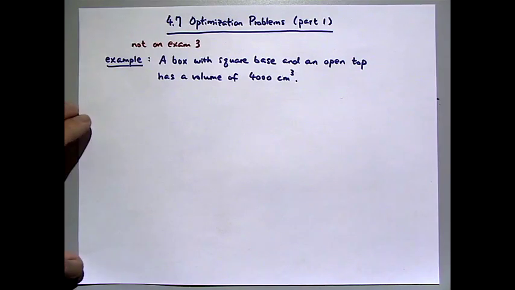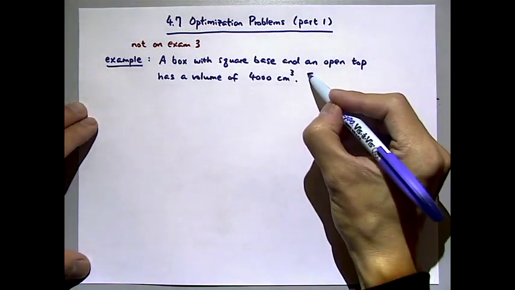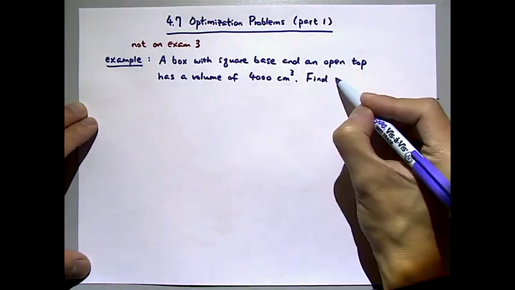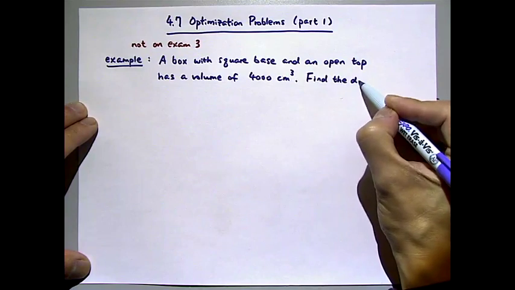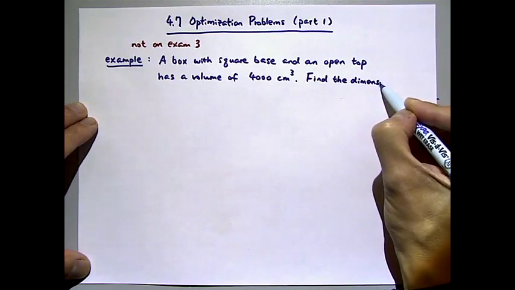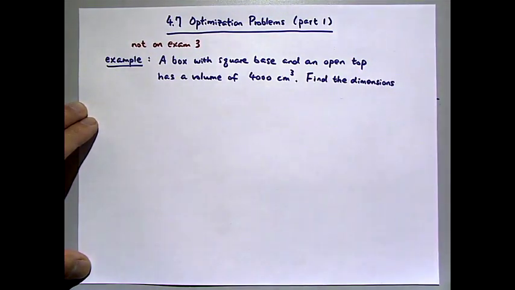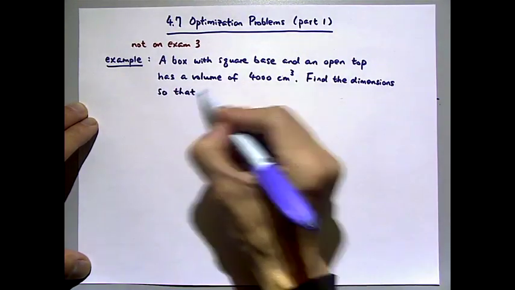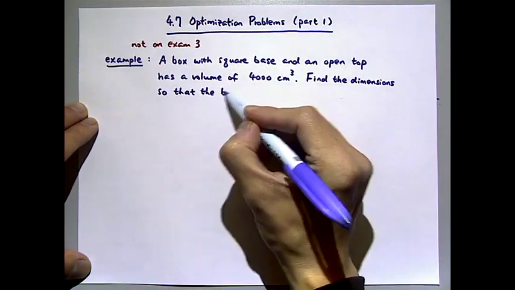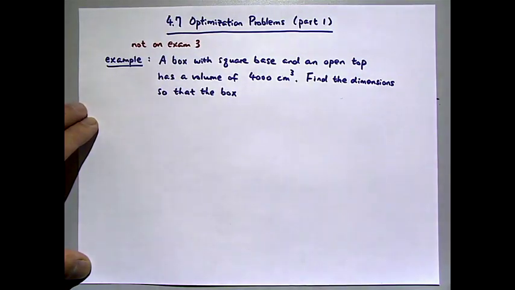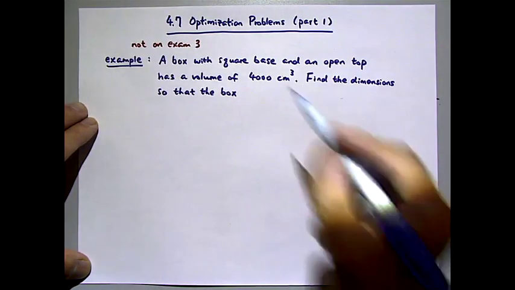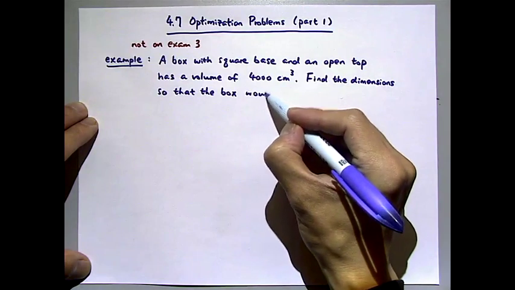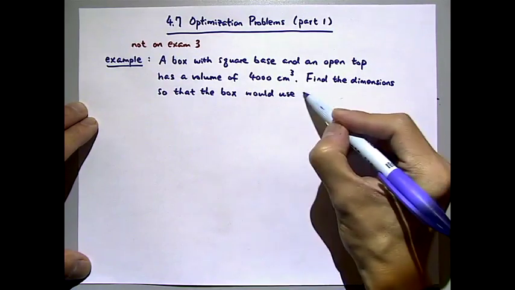What we would like to find here is the dimensions, the length, the width, and the height, so that the box would use the least amount of material.